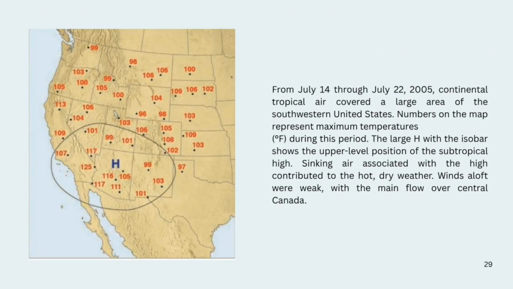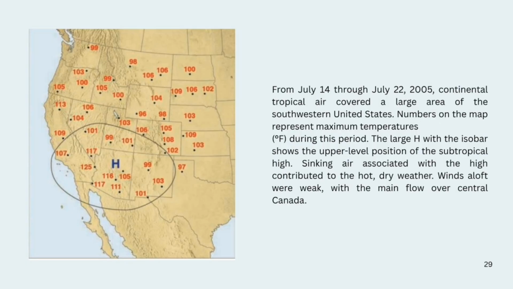Now this figure shows an instance where continental tropical air covered a large portion of the southwestern United States and produced hot, dry weather during July 2005. So far, we have examined the various air masses that enter North America annually.